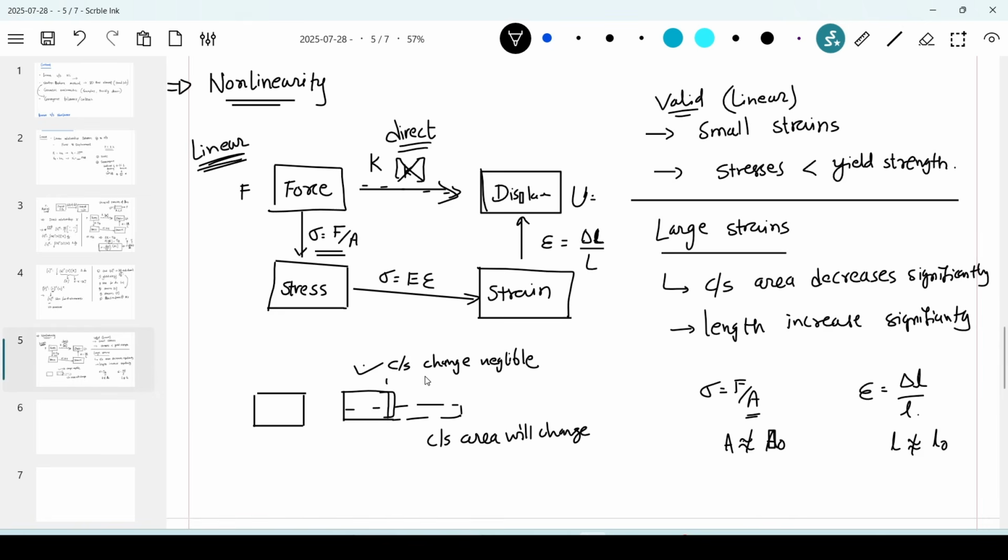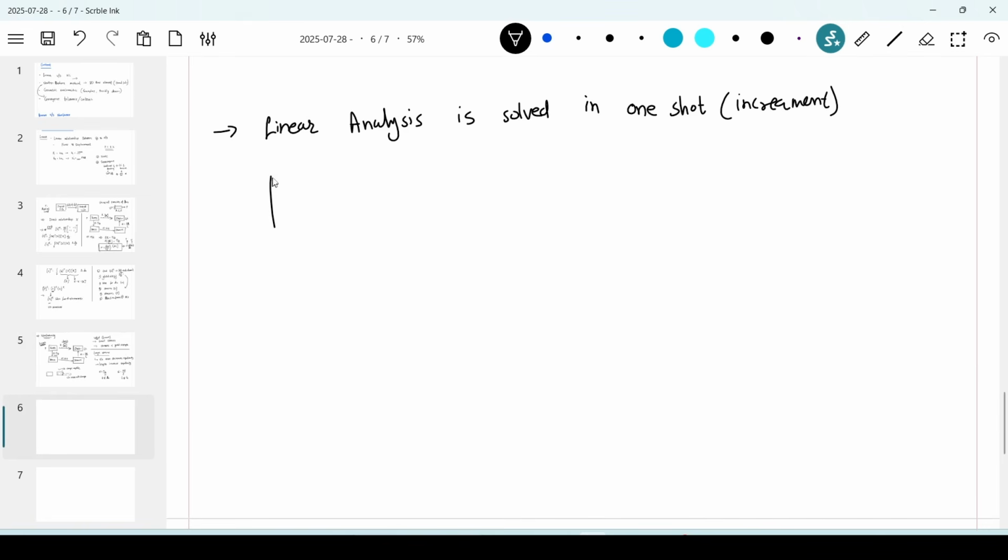That means we have this particular structure, for example, and let's take a final deformation. From here to here, we are solving it in a single increment.